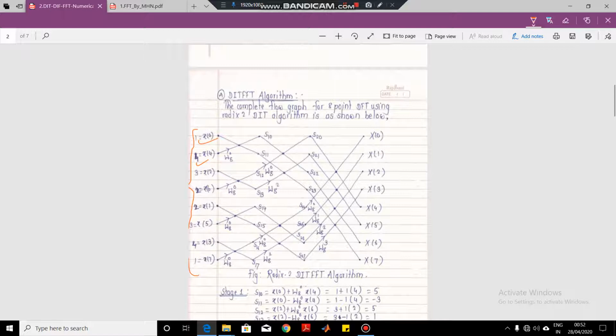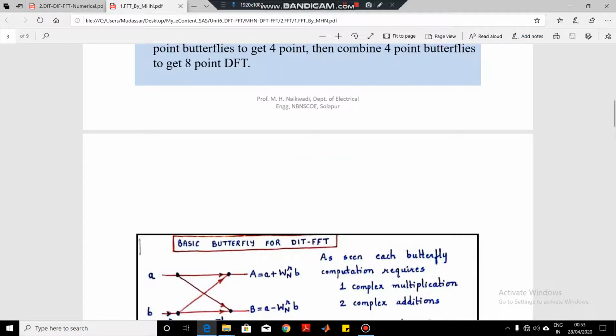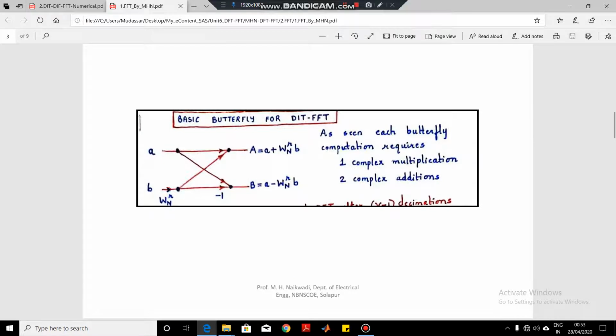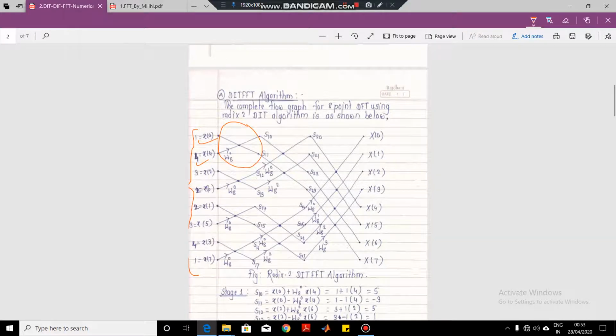Now this is our first butterfly structure. So this is a basic two-point butterfly. But here in this 2-point butterfly, there is a minus sign. It is not shown, but in the computation we are taking minus. So better that you always show a -1 sign here, at each butterfly.